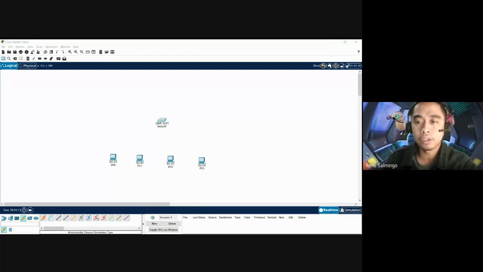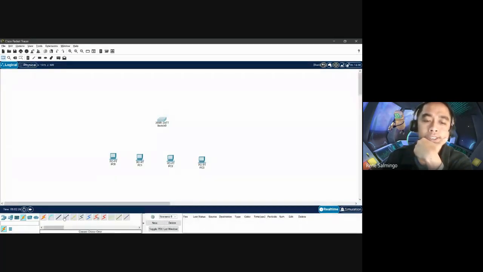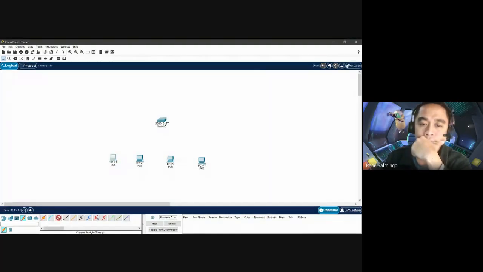So go back to your PowerPoint. Will we use a crossover or straight-through? So the symbol for crossover is this one, and straight-through is this one. Since we are going to connect unlike devices, what would be the connection? It is this one.